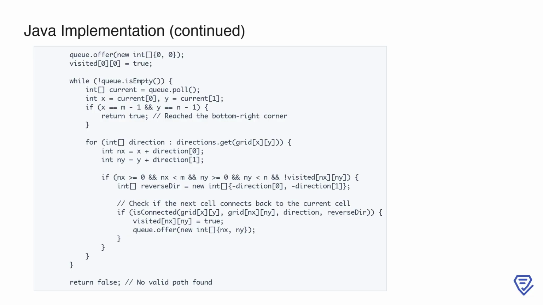We ensure the next cell is within grid boundaries and hasn't already been visited. Then, we create a reverse direction vector to check if the next cell connects back to the current cell using the isConnected function. If the next cell is connected, we mark it as visited and add it to the queue to continue the search. This process ensures we explore all valid paths through the grid while avoiding cycles.